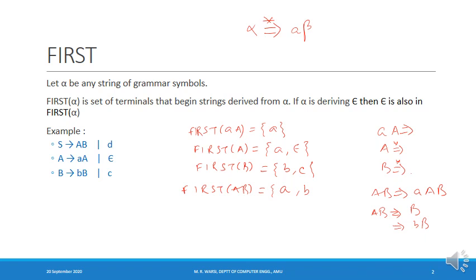Then, capital A is expanded with epsilon, so I obtain capital B, and capital B is expanded using the second production, I obtain a small c, so small c will also be there in the first of capital AB.